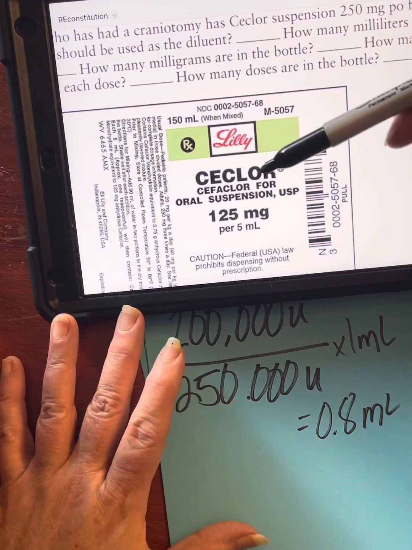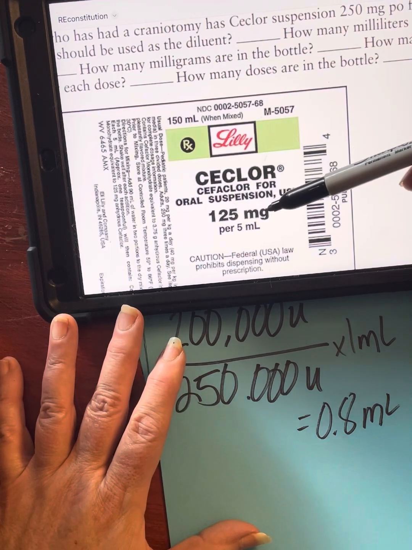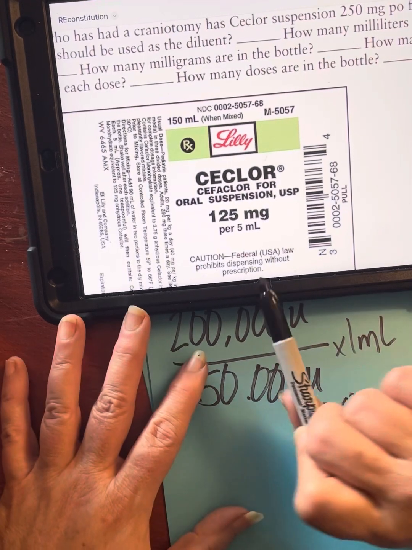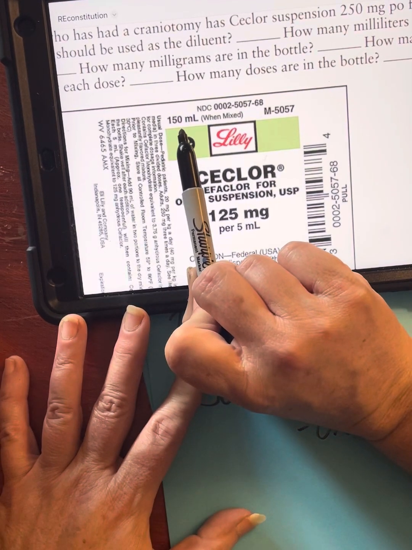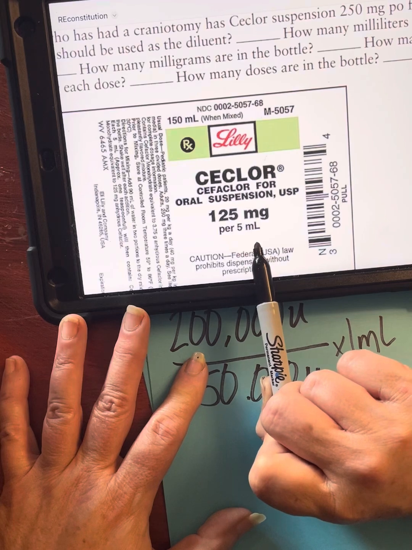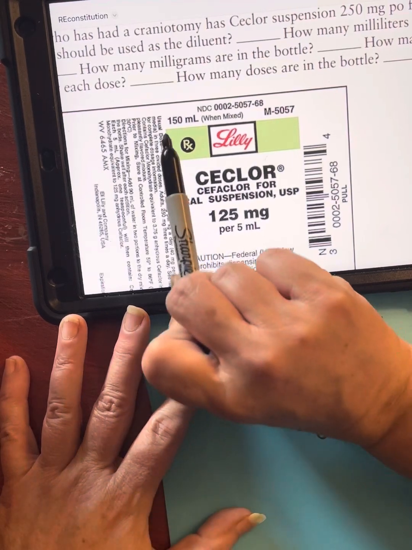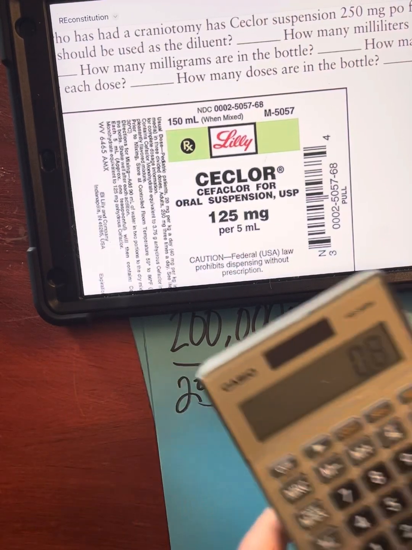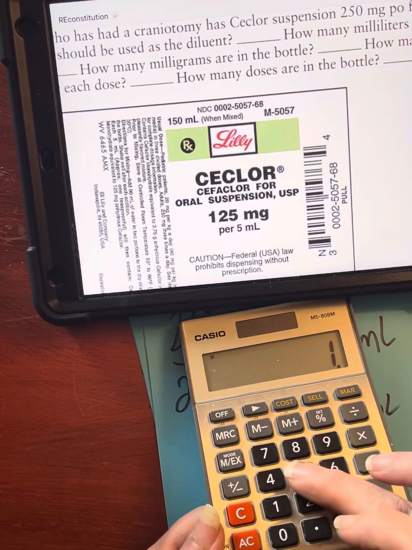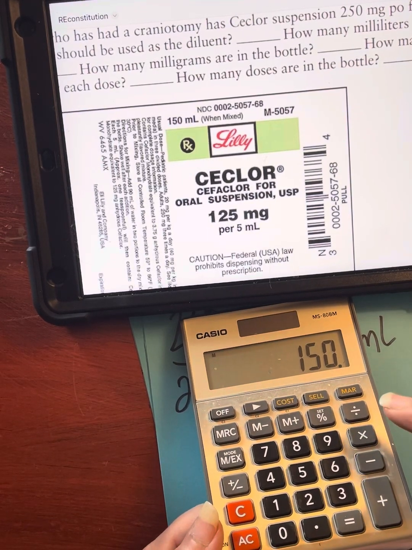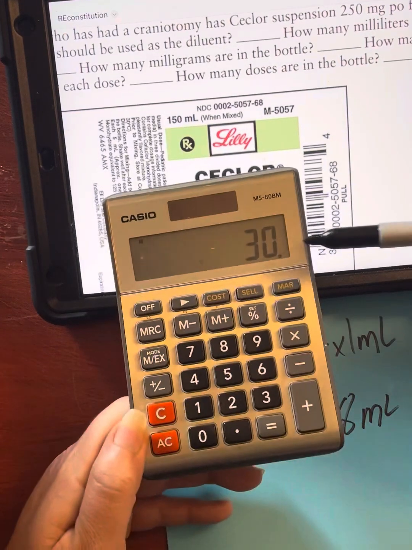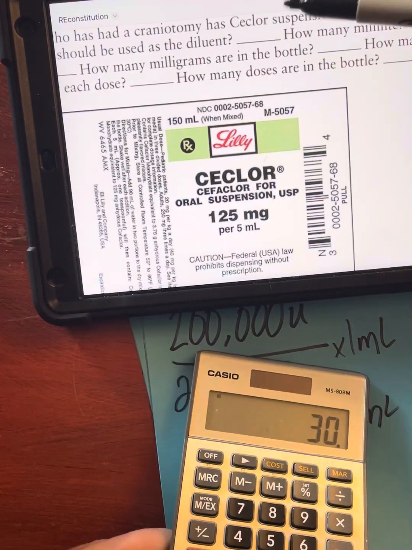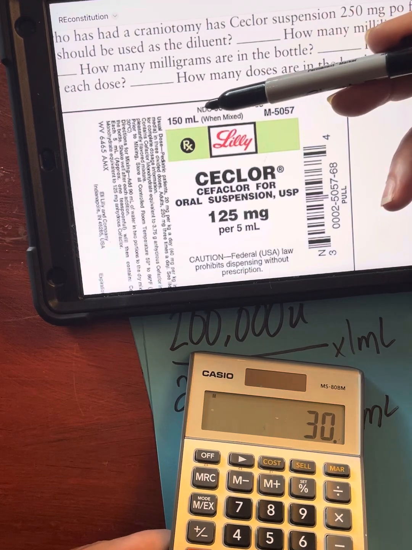So if we know that it's 125 milligrams per 5 milliliters once we reconstitute it, and we know that there are 150 milliliters, I want to know how many 5s are in that. Hang on, it's going to make sense. 150 are total divided by 5. There is 30 sets of 5 in 150.